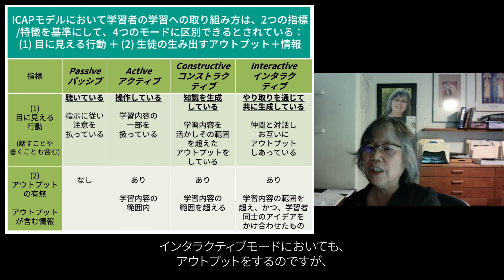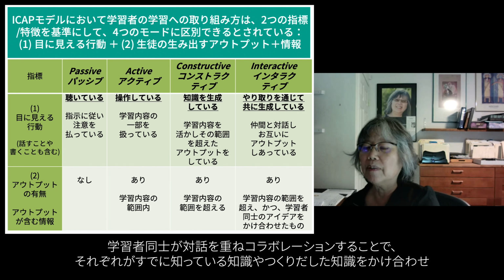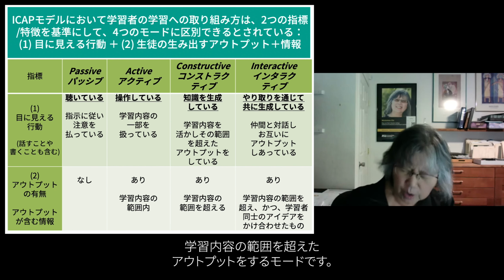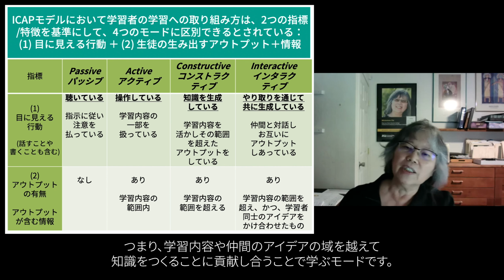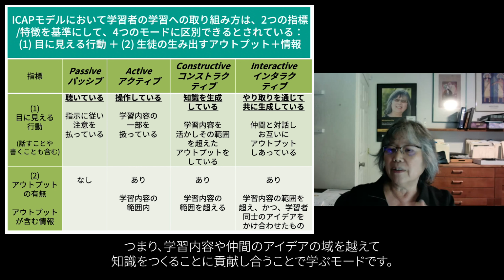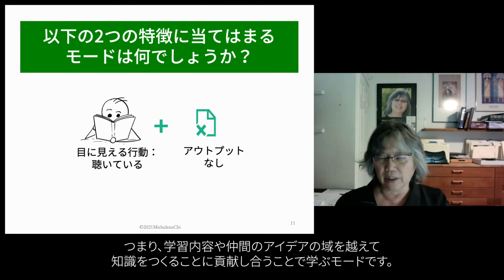And finally, in the interactive mode, each person does produce something beyond what they already know and beyond the instructional material and beyond what their partner contributed. Is that one clear? So they contribute beyond the information given as well as beyond what their partner contributed.